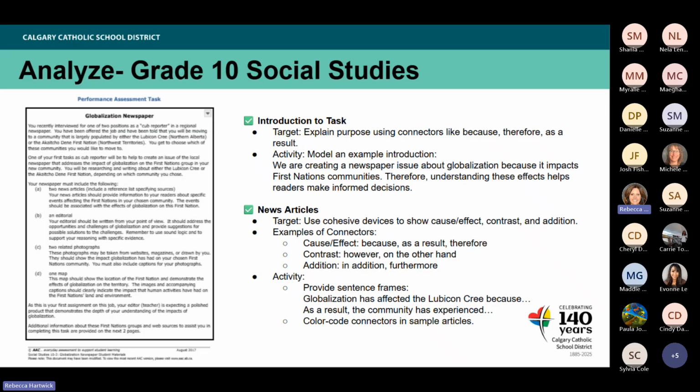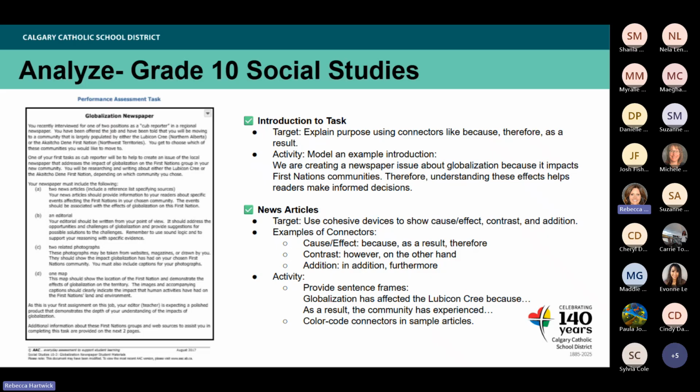One of your first tasks as cub reporter will be to help to create an issue of the local newspaper that addresses the impact of globalization on the First Nations group in your new community. You will be researching and writing about either the Lubicon Cree or the Akaitcho Dene First Nation, depending on which community you choose.